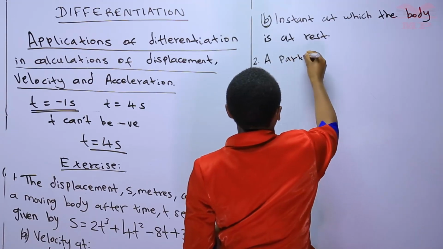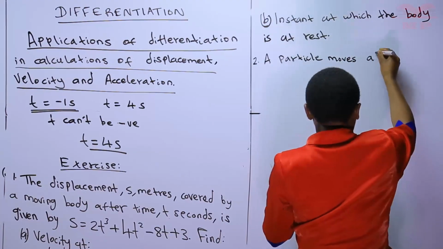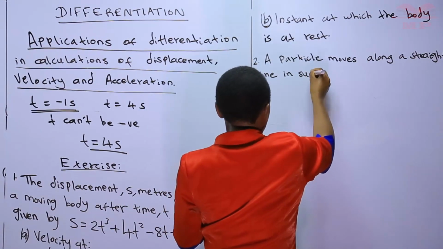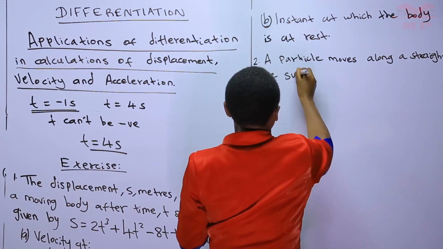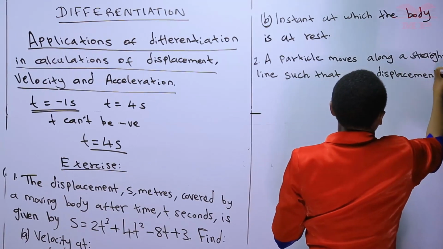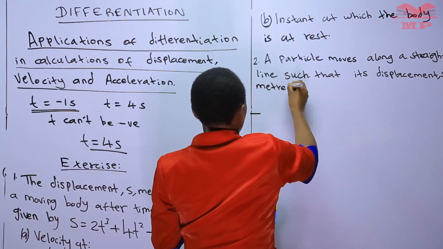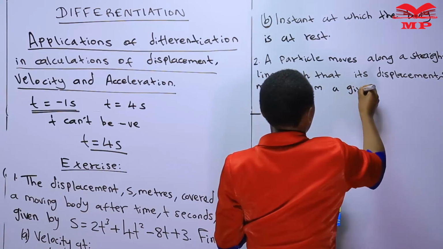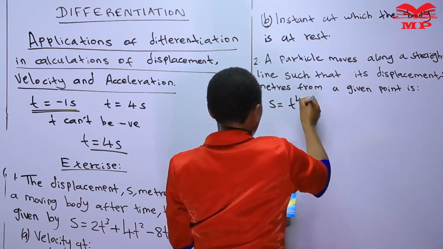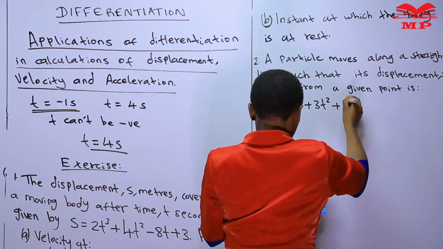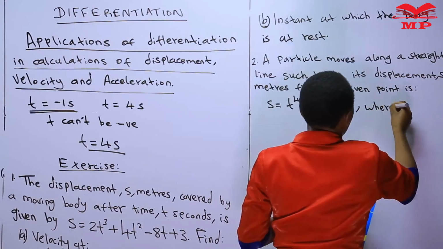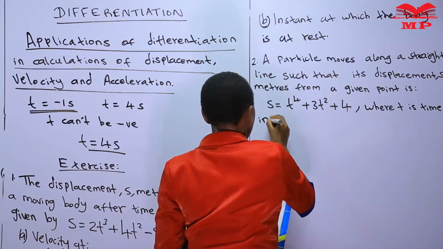Here we have a particle that moves in a straight line such that its displacement S meters from a given point is given by the equation S is equal to t raised to power 4 plus 3t squared plus 4, where t is time in seconds.